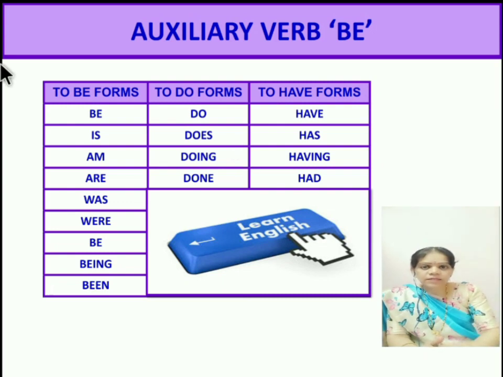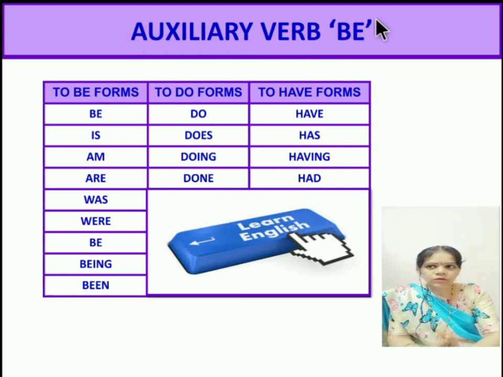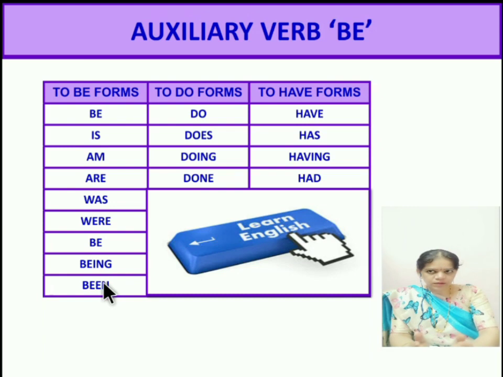Let's revise, note down and remember these types of auxiliary verbs. The forms of the verb be: be, is, am, are, was, were, been, being. 8 forms.